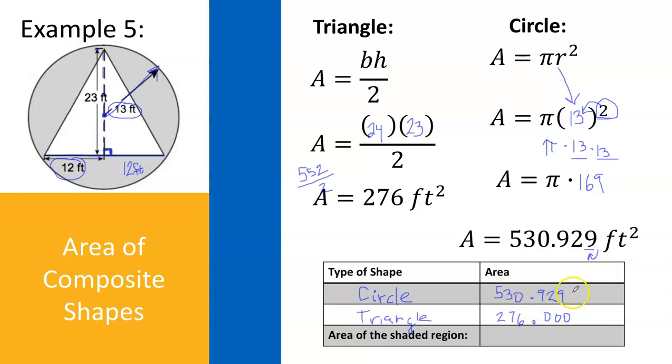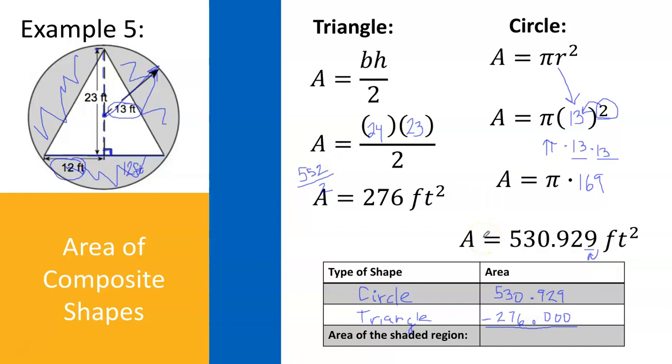So we take the area of the circle, and remember I told you this problem is different than the last 4 problems. We have to subtract the area of the triangle. Remember, we're taking away the area of the triangle, so we're just left with the shaded region. We're just finding the area of this shaded region. That's why we have to take away the triangle.